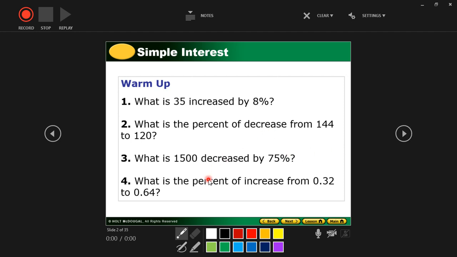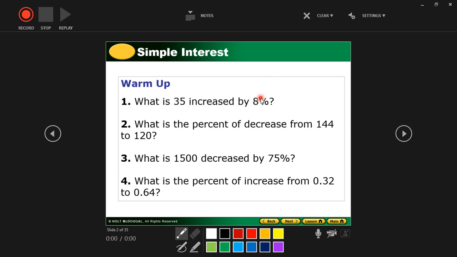Okay, let's have first the warm up. Number one is what is 35 increased by 8%? So, how much is it if we add 8% to 35? The first thing that we should do is to convert 8% into its decimal form. From percentage to decimal, divide the number by 100.